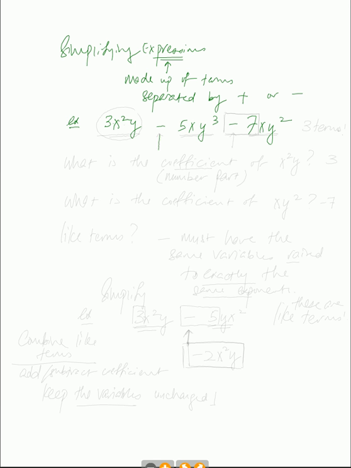The very first separator is right here, so that whole piece is considered to be one term. After the separation that is made with a minus, the next one is called another term. And then there's another separation right here, so the next one is another term. Okay, so there are altogether 3 terms in this expression.